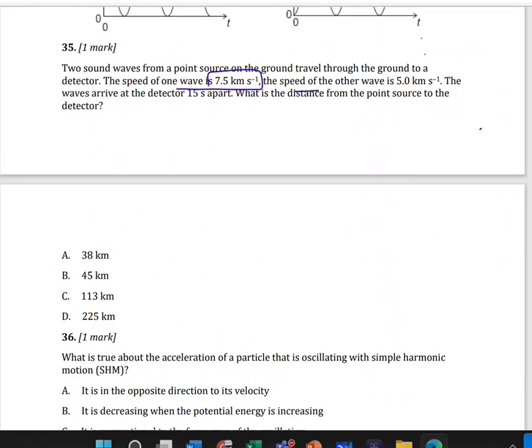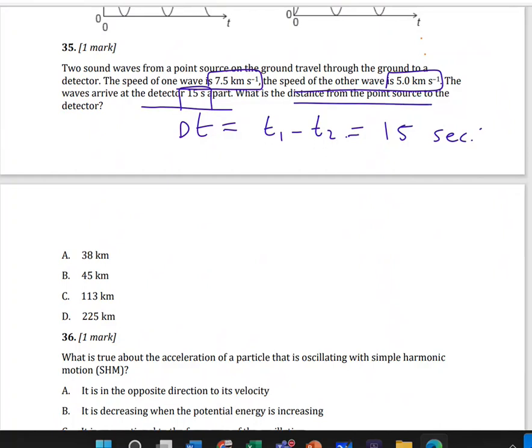The speed of the other wave is 5 kilometers per second. The waves arrive at the detector 15 seconds apart. So this is delta t, the difference between times, 15 seconds. Now I need to find the distance.